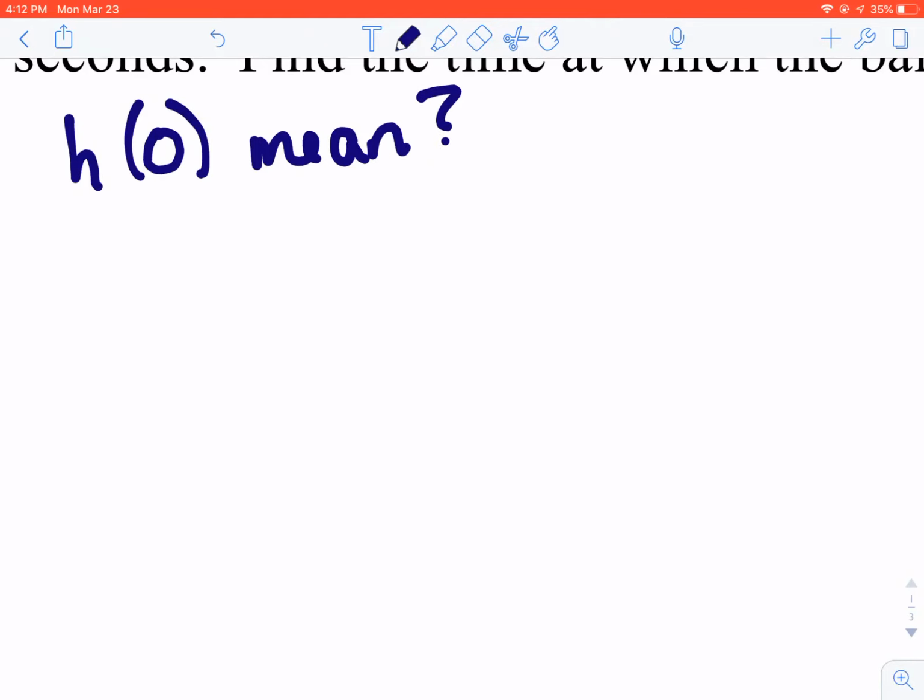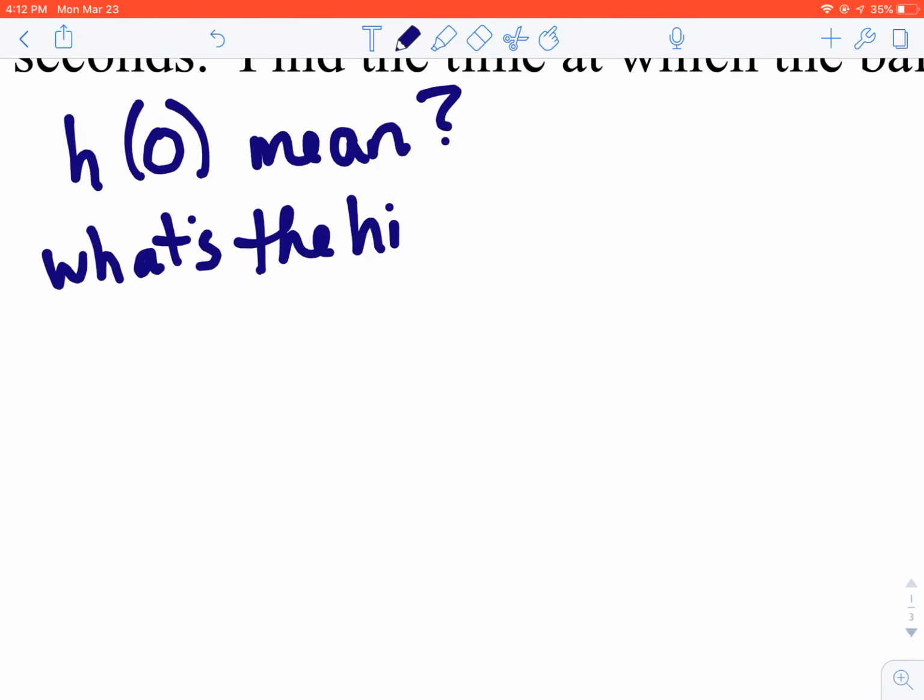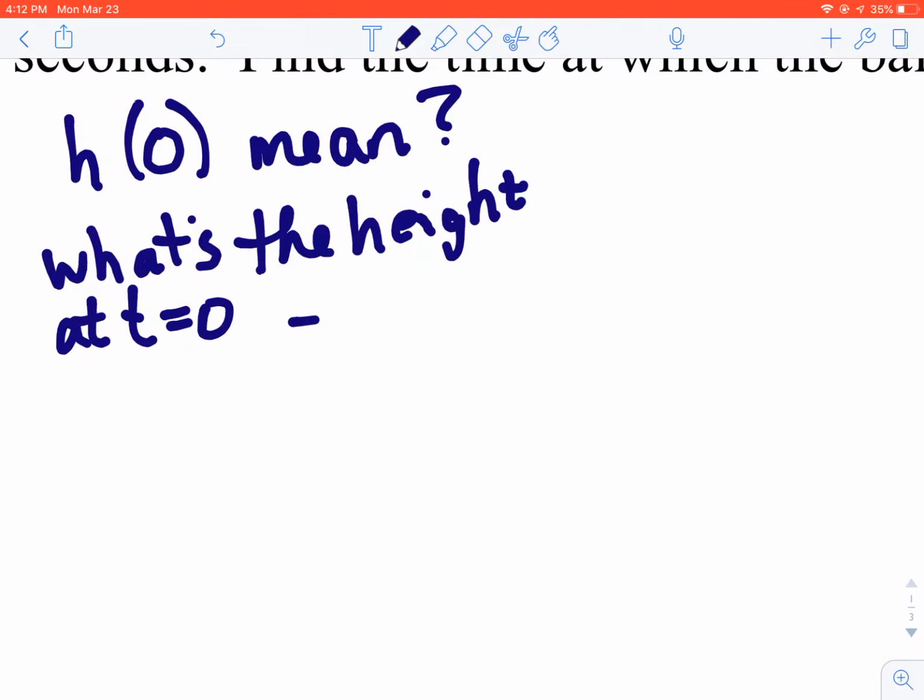Okay, h of 0 means what's the height at t equals 0? So, in other words, what's the initial height?